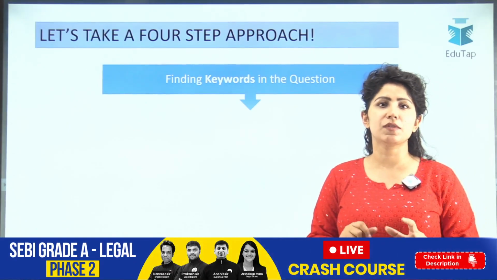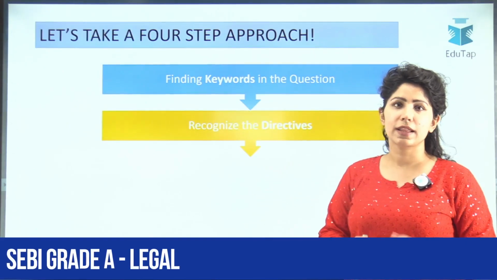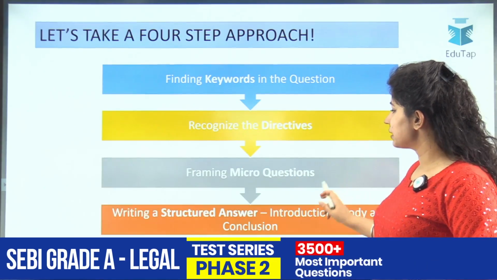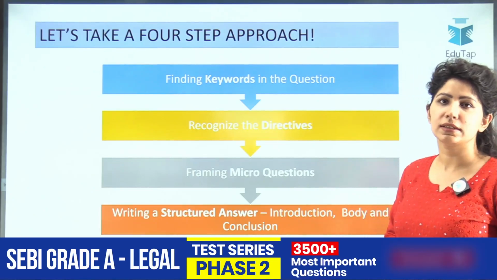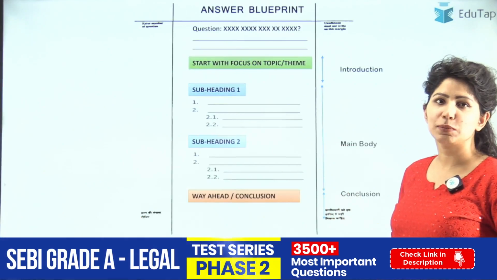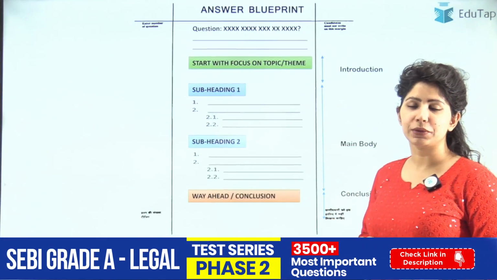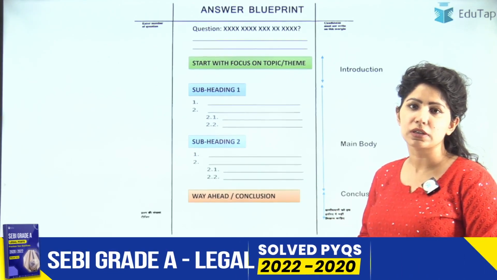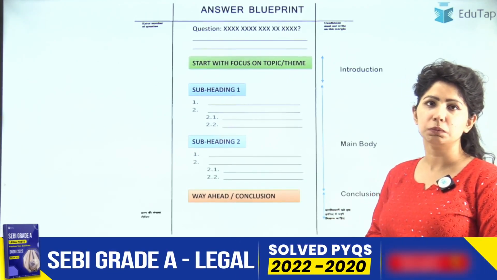When we read the question, we find the keywords in the question. Then we look at the directives in the question. Then we frame micro questions, and then we write a structured answer with introduction, body, and conclusion. This is the answer blueprint that we have provided to all the EduTap students. You can download the PDF for this answer blueprint and this entire discussion from our Telegram channel after this video.